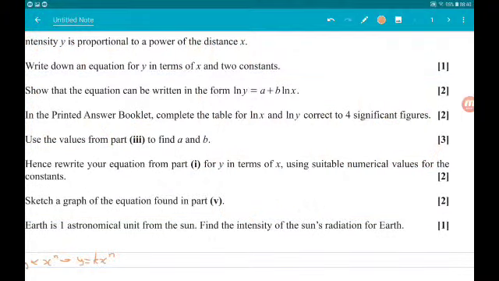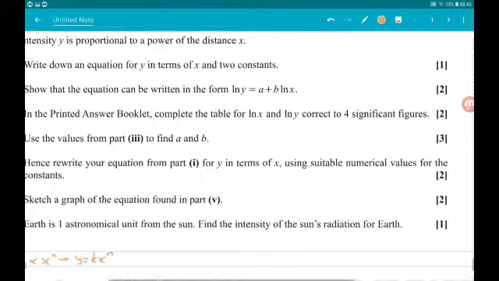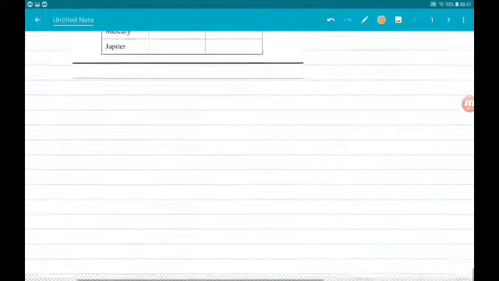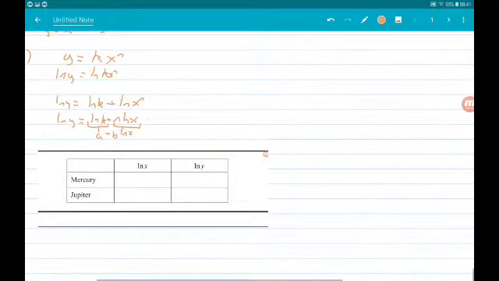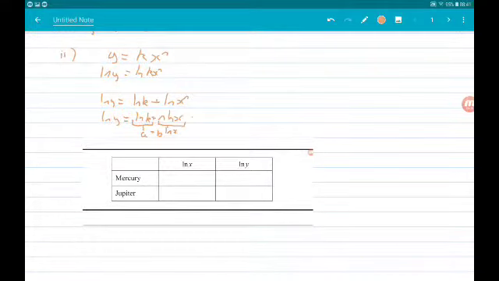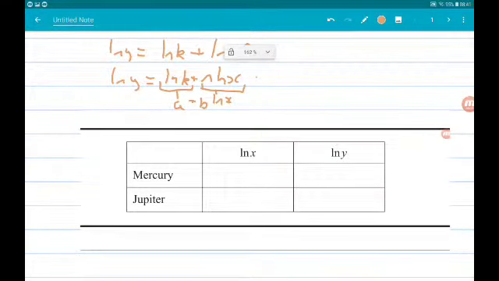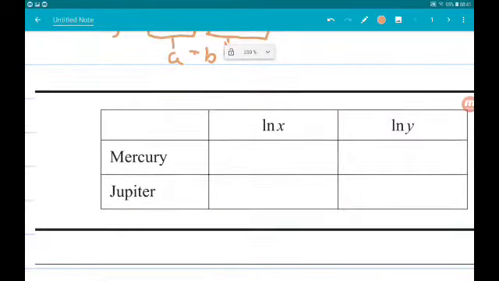Part 3 in the printed answer booklet, complete the table for log x and log y to 4 sig figs. So you can get the answer booklet from the website. If I remember, I'll link it down below. It's not very exciting. This is our table.